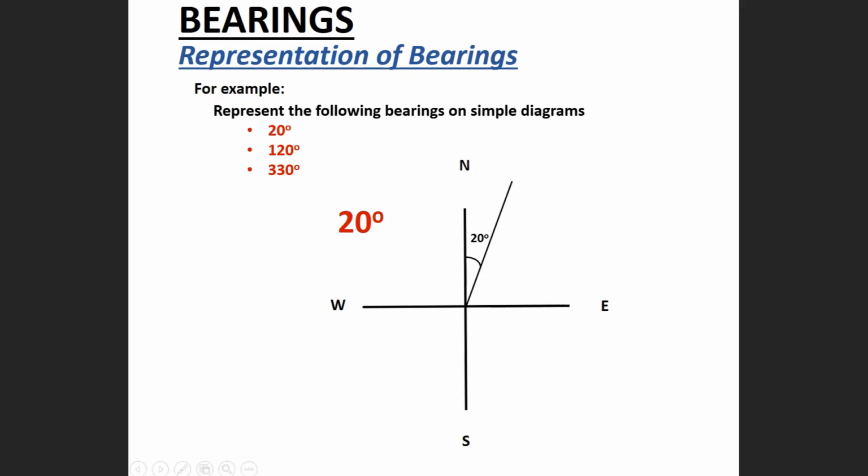But in some cases you don't have a protractor. Let's say we get to the calculation aspect where we don't need a protractor to calculate bearings. In that aspect, it could be sketched. For instance, if I draw a straight line, please don't mind my drawings coming in a moment.